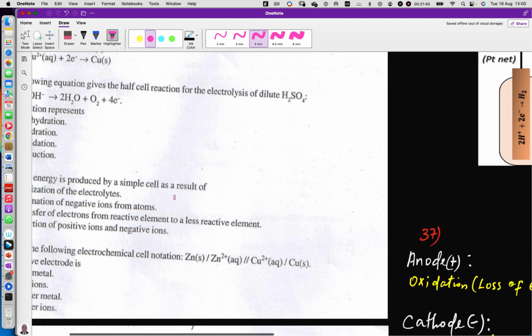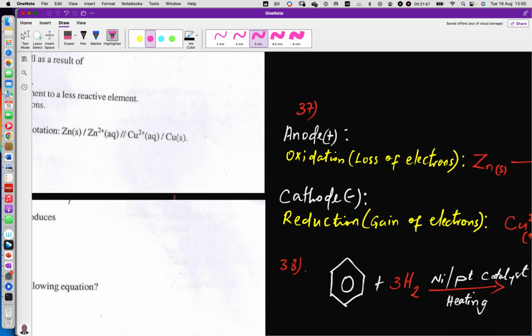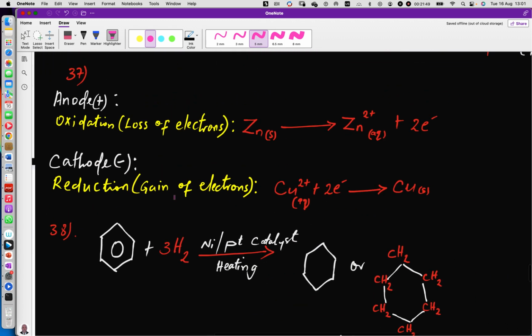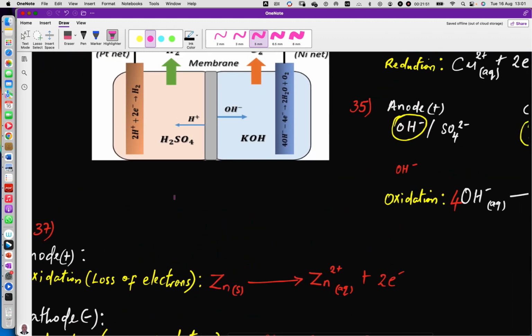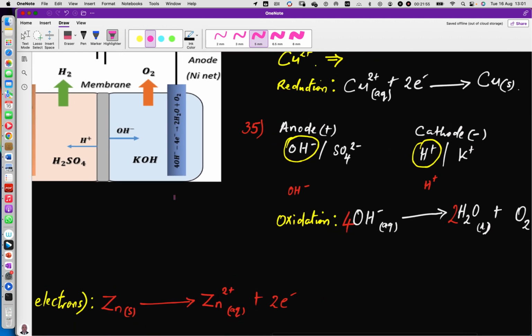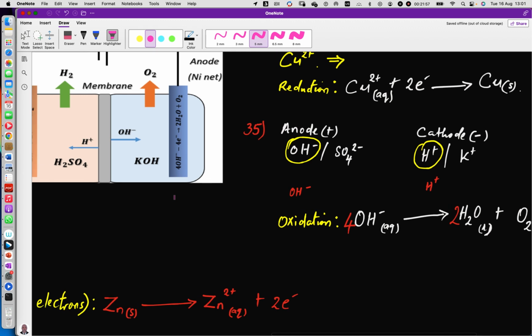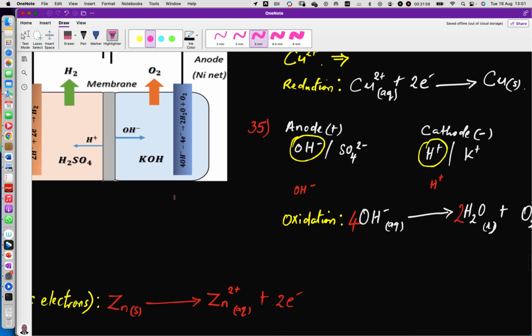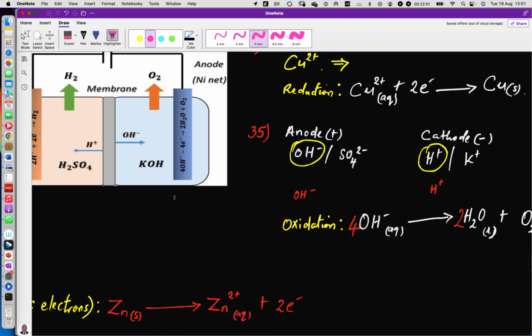Let's go back again to 35 for you to see better. In dilute sulfuric acid, there is the anode and there is a cathode. For dilute, it means water is involved.